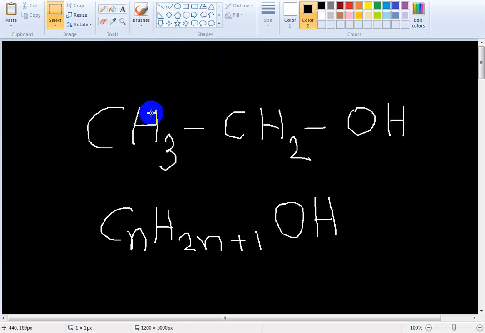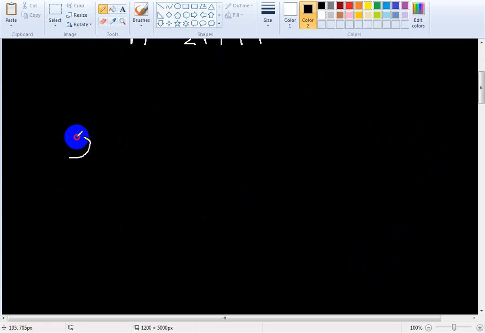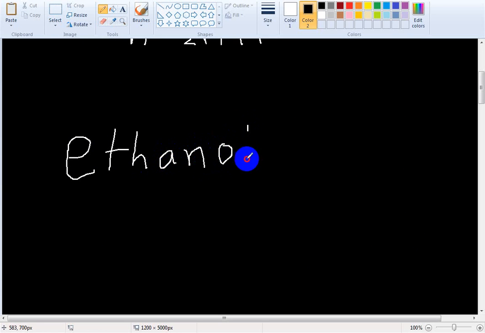We know this is ethanol. This is the "ol" suffix.